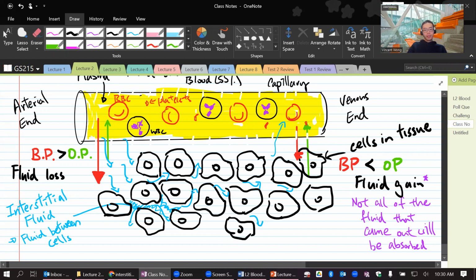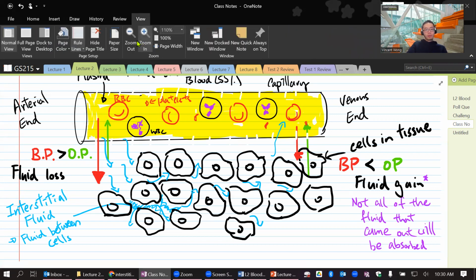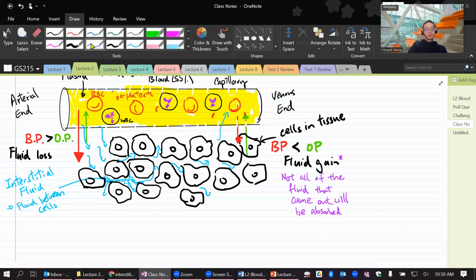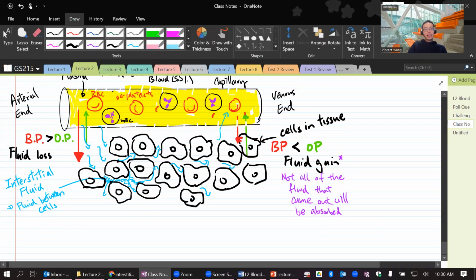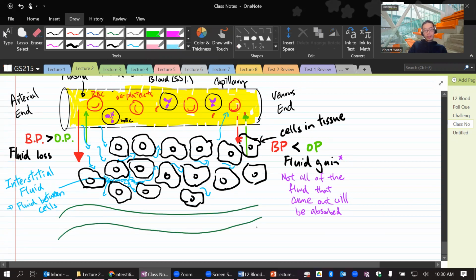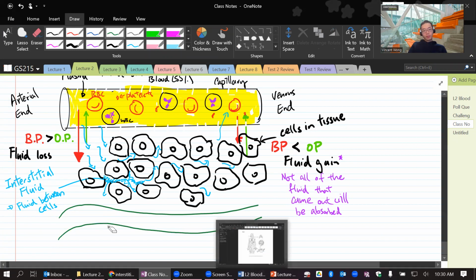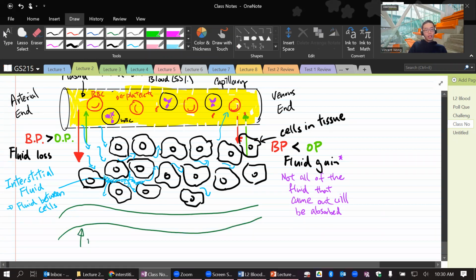Okay. So what happens to the rest of the fluid? Well, it turns out next to your capillaries, not very far from it, you will always have another type of vessel. These are called lymphatic vessels.